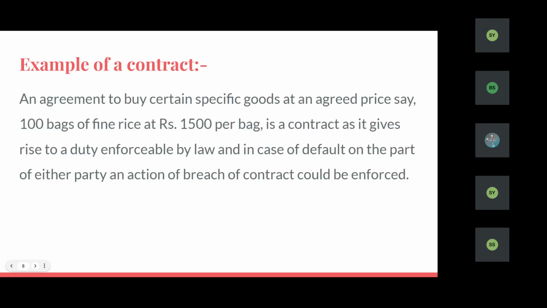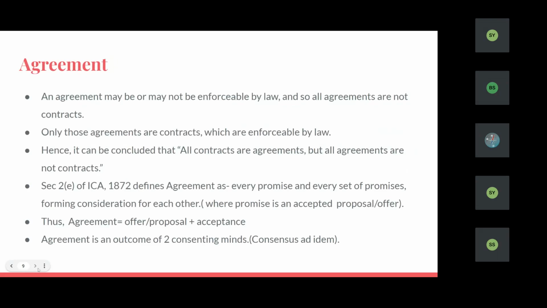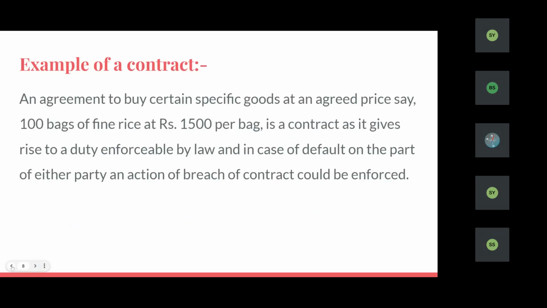So here is another example of a contract: an agreement to buy certain specific goods at an agreed price. Say you want to purchase 100 bags of fine rice from a rice trader at rupees 1500 per bag. After negotiating, maybe he was saying 2000 per bag, but in your negotiations you both agreed.